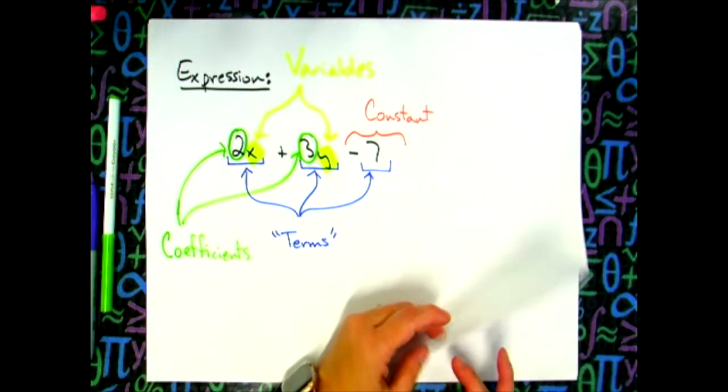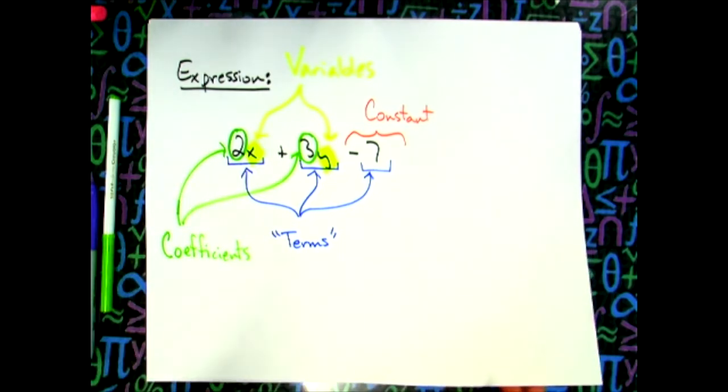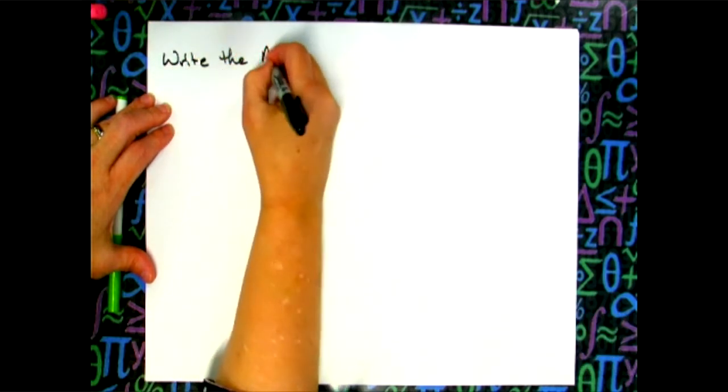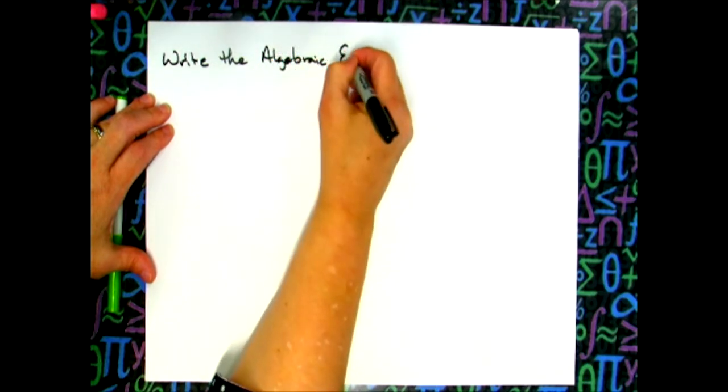All right, now section 1-1, you're just going to work with these algebraic expressions and equations, and you're going to write them out in words, and you're also going to write them out algebraically. All right, so to see some of the types of problems that you're going to practice on in your homework, the directions might say, write the algebraic expression.